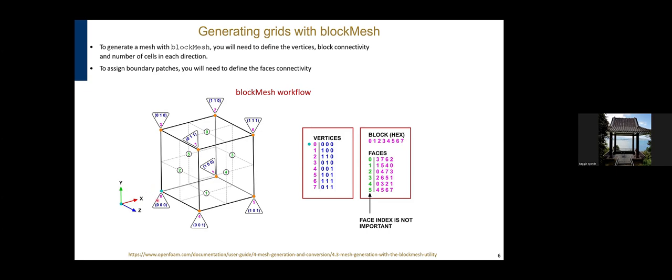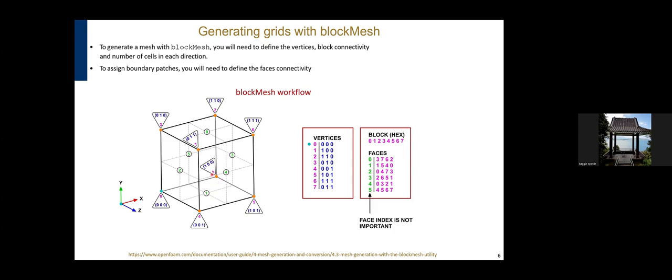In OpenFOAM, we start numbering from 0. So we go 0, 1, 2, 3. Now, the numbering typically goes in the anti-clockwise direction, and that's how we form our blocks. So if we put our origin at this point, that is going to be our point 0.